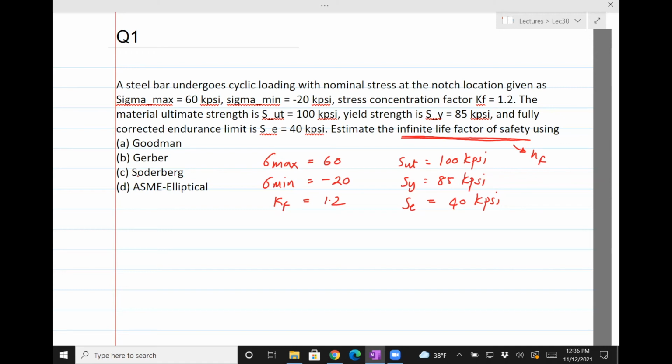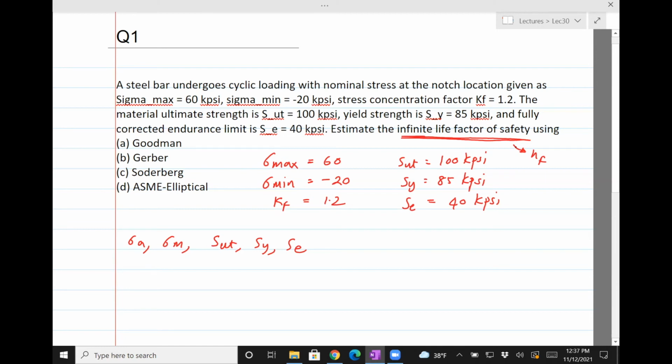Okay, so if you look at those equations, we need sigma a, sigma m, Sut, Sy, and Se. These are the things we need in order to find the factor of safety for fatigue life, right?